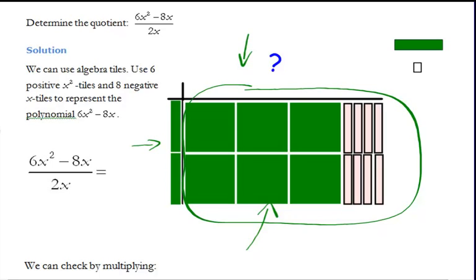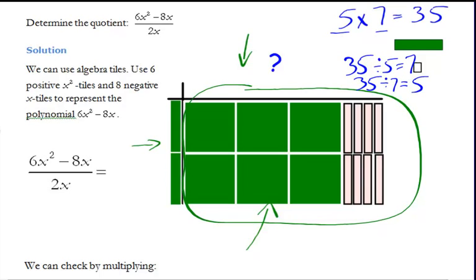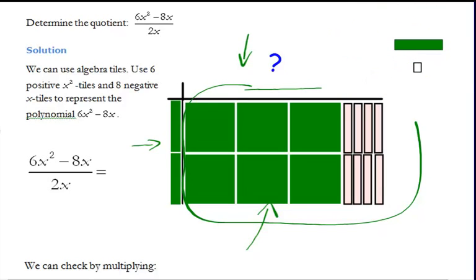But because we're doing division, we can use the fact that if we have 5 times 7, that will give us a product of 35. Well, if we were missing the 5 or the 7, we could solve this by dividing 35 by 5, that would give us 7. And if we divided 35 by 7, that would give us 5. We can use this principle when we're dealing with the polynomials.